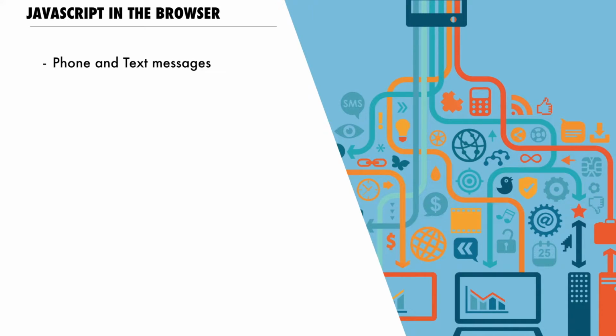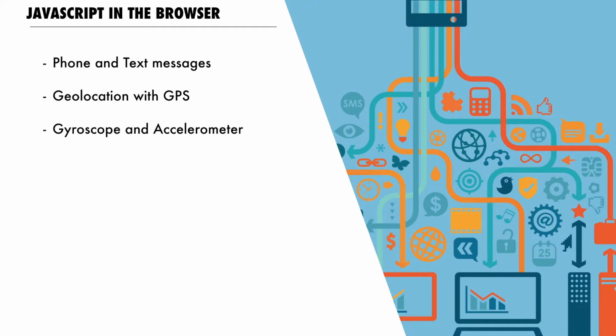When you click on that link on that website on your mobile device, that click would take you to your mobile phone's native phone application, or pre-compose a text message and take you to your Android or iOS text message application. You can also access the GPS, the global positioning system of your phone. You can access the geolocation of the device and use that.